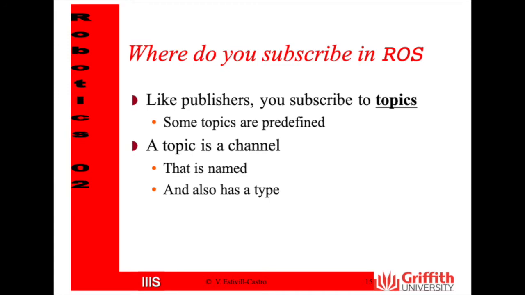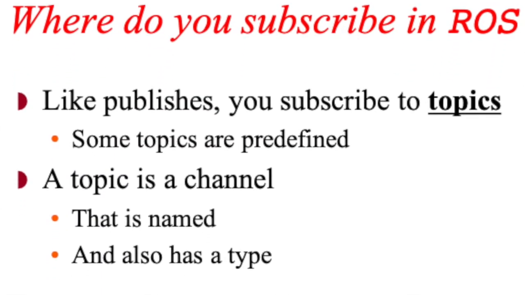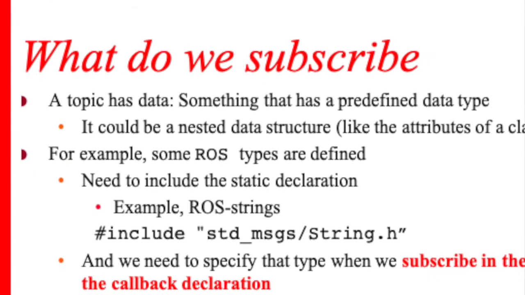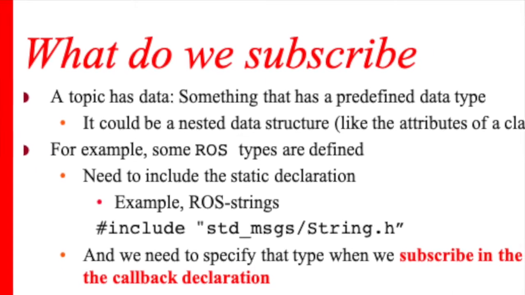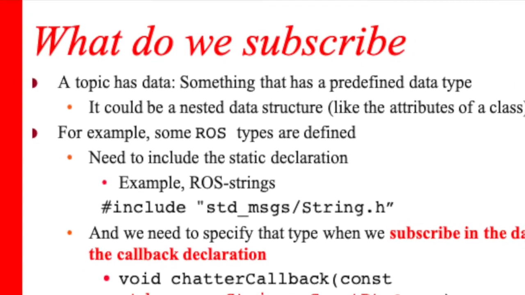Subscribers subscribe to topics, and as we mentioned, these are named channels which offer data in messages of a certain type. We subscribe in order to obtain the data of the message, so we need to include the definition of that data.